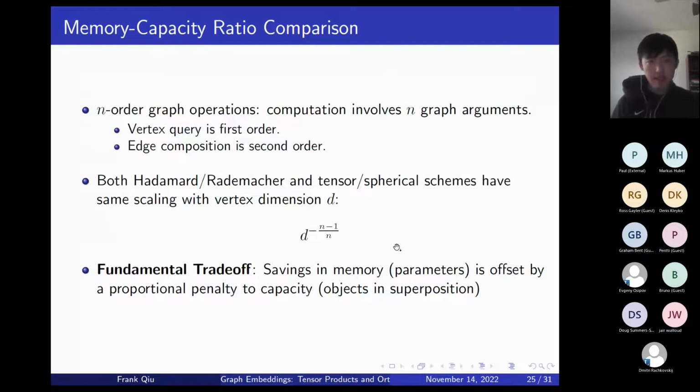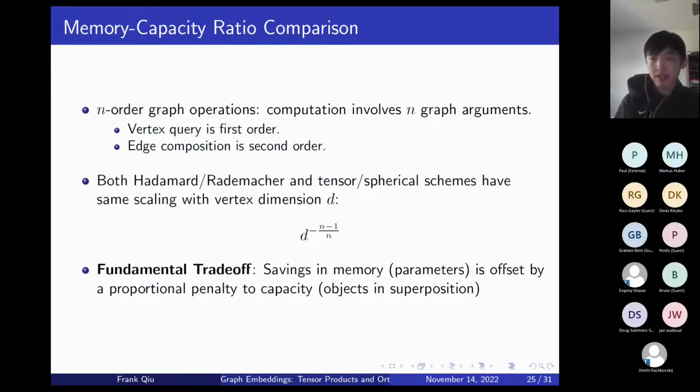And you can extend this to arbitrary n-order graph operations. So the vertex query was the first order graph operation, edge composition is a second order operation. For both schemes, they actually have the same scaling in the memory capacity ratio. And so this analysis keys in on a fundamental trade-off where savings in memory can be offset by a proportional penalty in capacity.